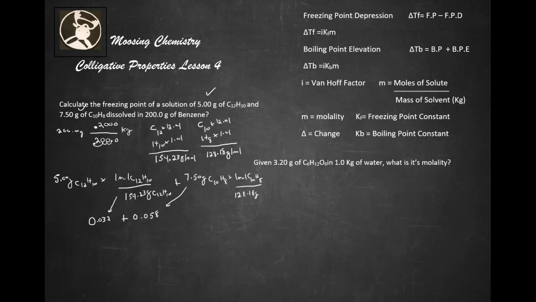When we add this together, this is going to give us a total moles of 0.0905. Now we're going to take that number and find the molality. So it goes 0.0905 divided by 0.2000, and our m value is going to be 0.453.